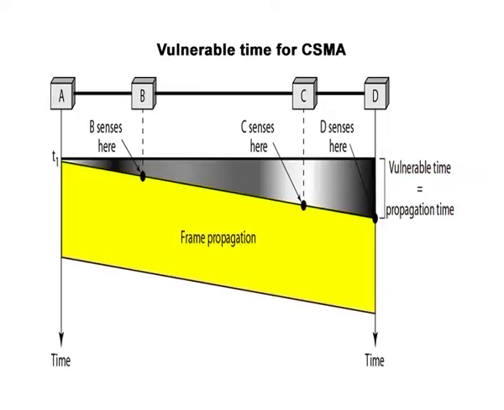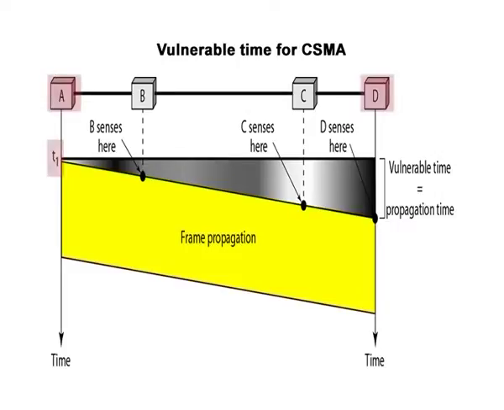The vulnerable time for CSMA is the propagation time Tp. The propagation time is the time required for a packet to propagate from one end to the other end of the medium. Now, look at this figure in which station A transmits a frame at time t1, which reaches the rightmost station D at time t1 plus Tp.